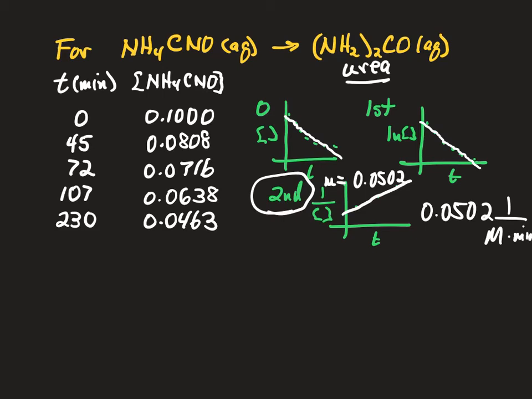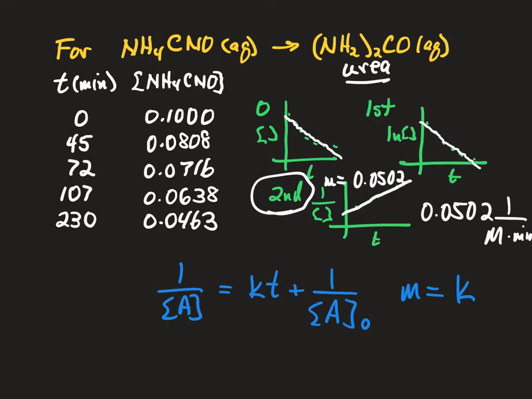And if we look at the second order integrated rate equation, 1 over the concentration of A is equal to kt plus 1 over the concentration of A0. Our slope is our k. So that would be the value of k for that expression.